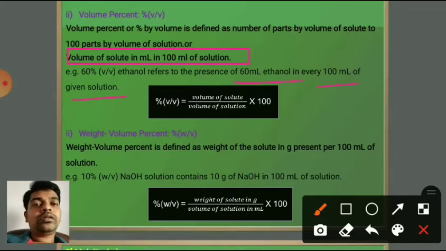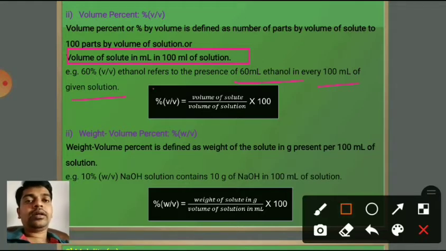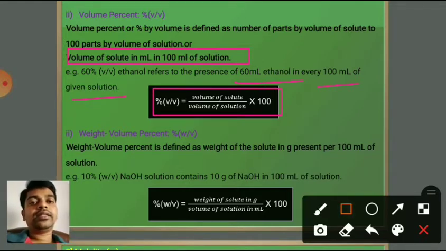Its formula is: percent V by V equals volume of solute divided by volume of solution, into 100. Here 100 is there because it is a percentage.